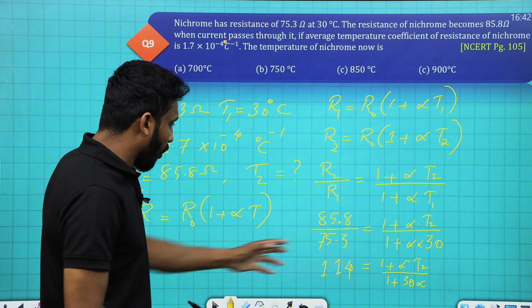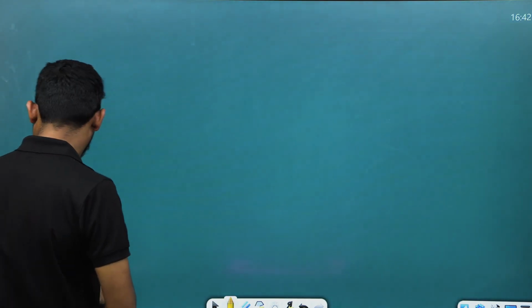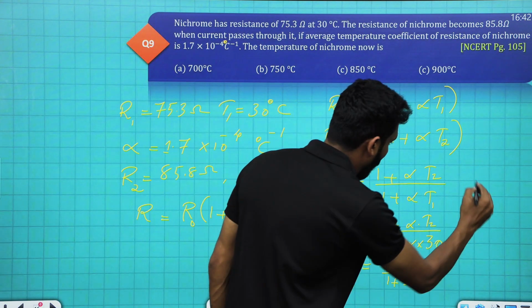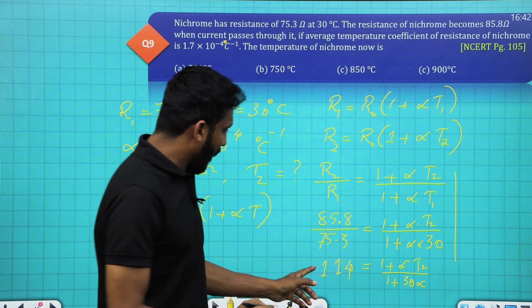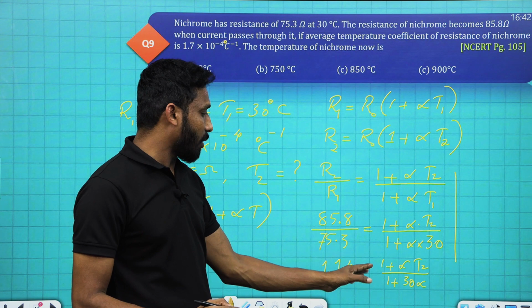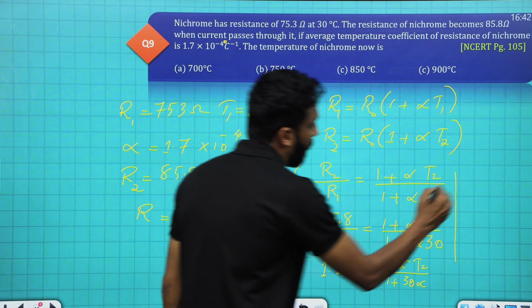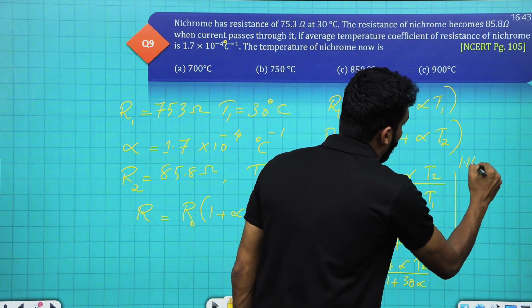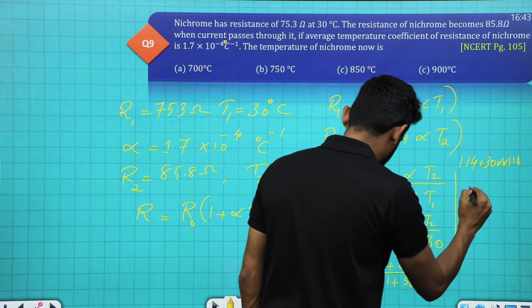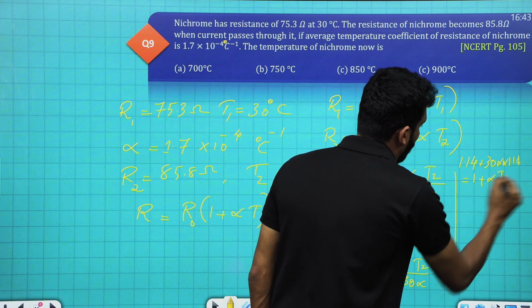How do we solve it? 1.14 plus 30 alpha into 1.14 is equal to 1 plus alpha into T2.